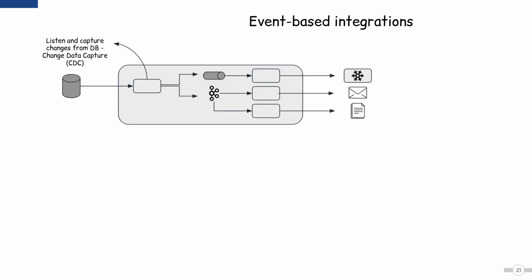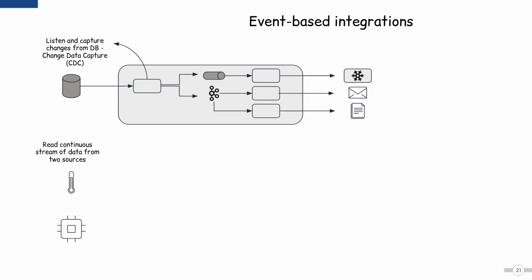Event brokers are good at publishing data to multiple subscribers, whereas event channels are just good at sending it to one single subscriber, and then those event handlers can do the necessary processing and make the integrations as necessary there. So this is basically one form of event-based integration.